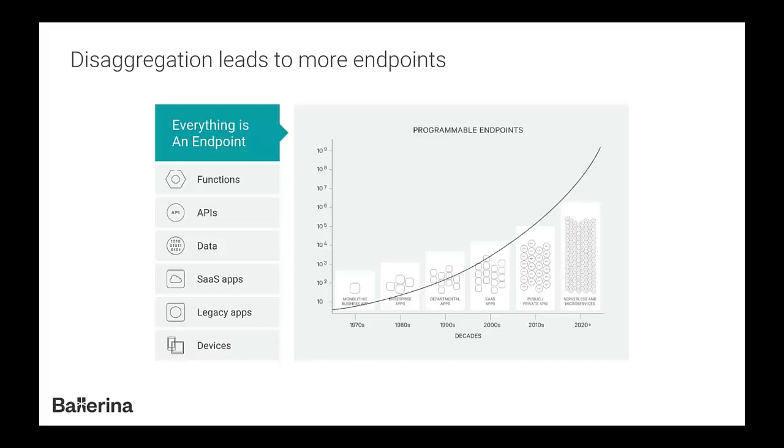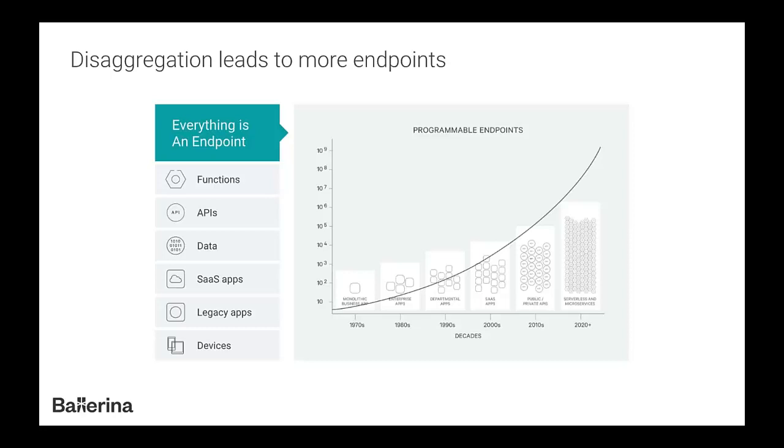Disaggregation means that most of these components become network accessible as well, and we call them endpoints. These can be things that expose data, applications, APIs, microservices, and so on.